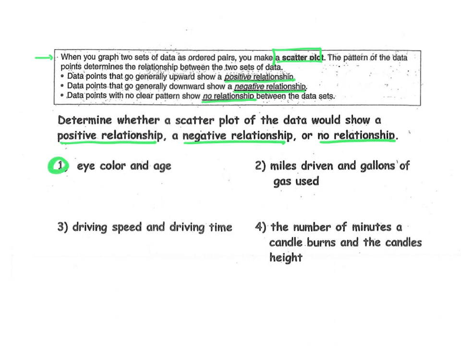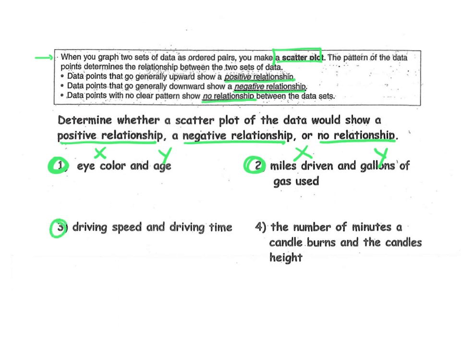Number 1, would there be a relationship between your eye color, let's call that X, and a person's age? Number 2, would there be a relationship between the miles driven in a car and the number of gallons of gasoline used by that car?